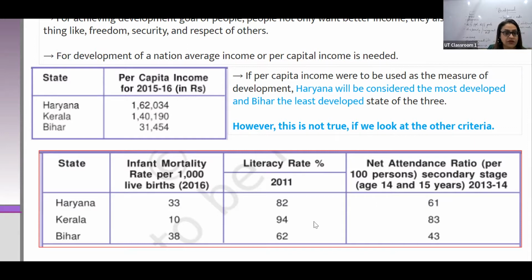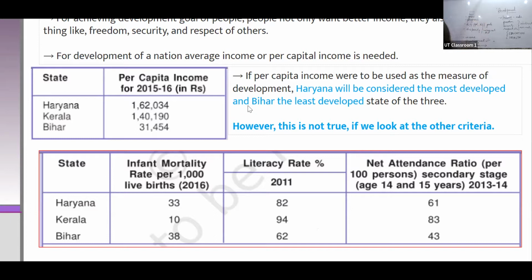That also speaks of the health of the mother, the nutrition of the society as a whole. So again, this corresponds to health. Then literacy rate, obviously, that's education, and net attendance ratio per 1,000 persons, secondary stage, age 14 and 15.